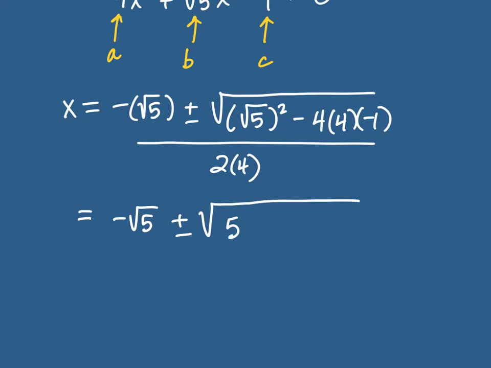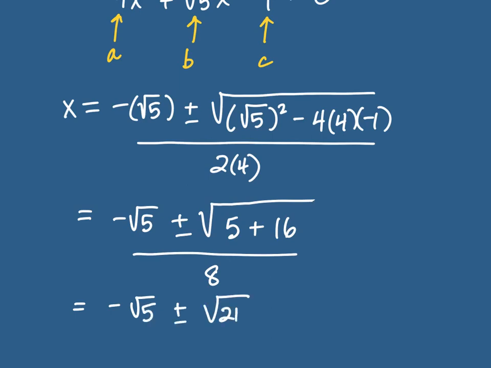So we've got just 5, and then we have minus 4 times negative 1, which is ending up to be a plus or a minus. Okay, it's a positive. Positive how much? 16. And that's all going to be over the number 8. So we're going to have negative rad 5 plus or minus the square root of 21 all over the number 8.